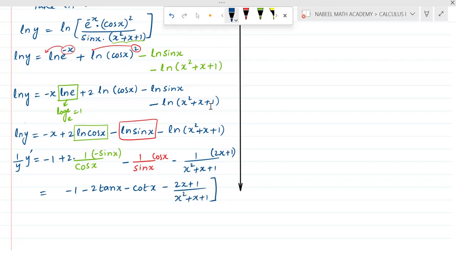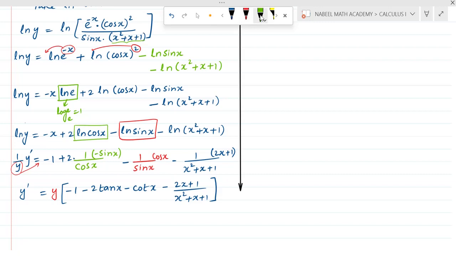So this is the entire part you have, and on the left side you will have y prime over y. I don't want this part, so I will move it to the other side. If I move this division, it becomes multiplication. When you multiply both sides by y, it gets cancelled on the left side, and you will have y prime.